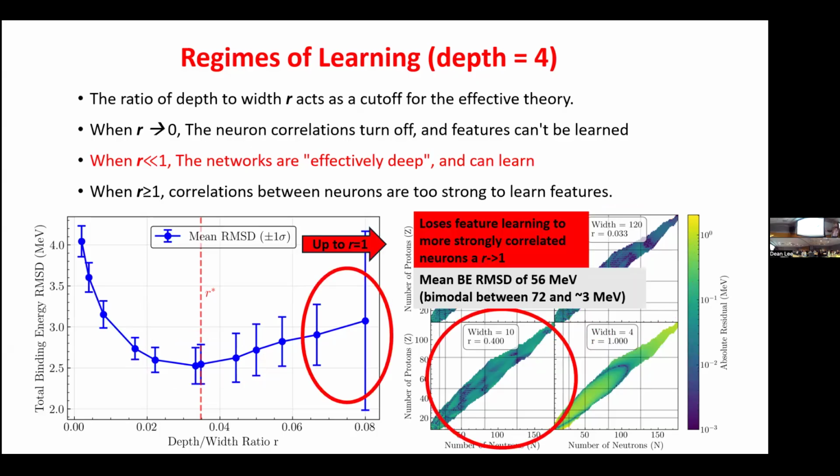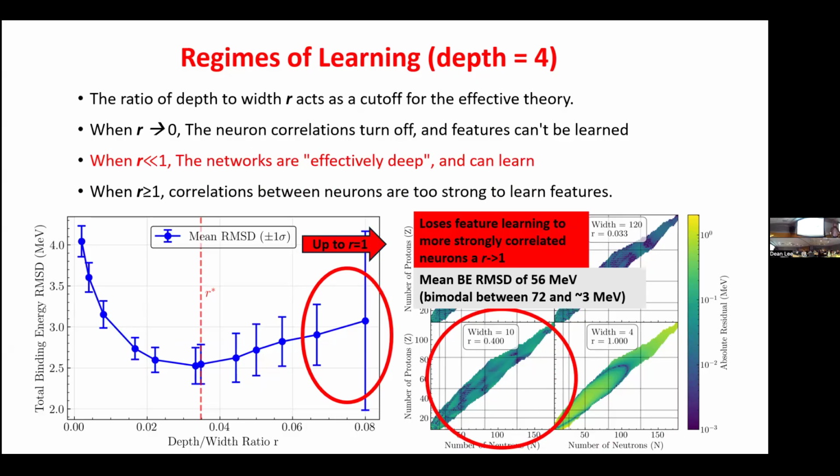And then this wide bar here: what ends up happening is you have it transitioning from the effectively deep regime where it can learn into this non-perturbative regime where it just tries to find anything that satisfies a loss minima.